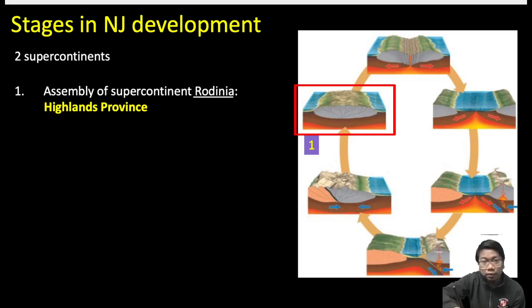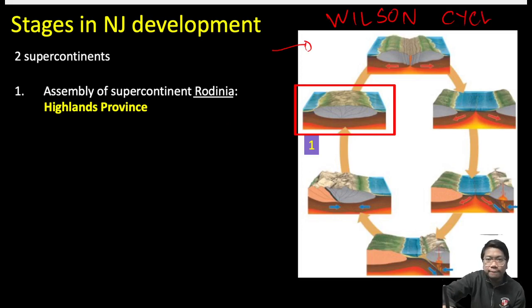What you're looking at here on the right, by the way, is what we call the Wilson cycle. Okay, so the Wilson cycle explains how supercontinents assemble and then get rifted apart, and this process consistently happens throughout geologic history.